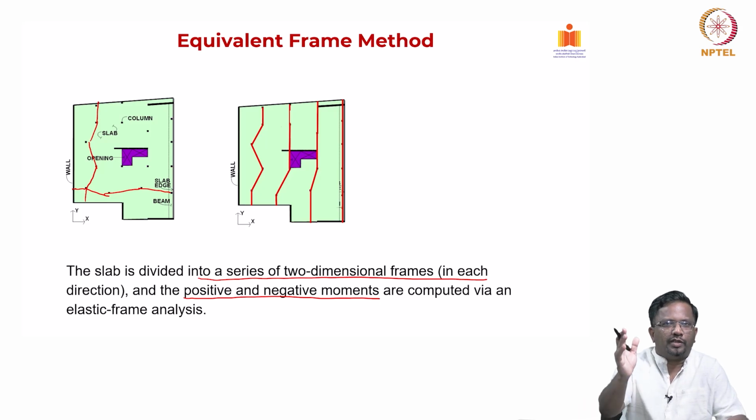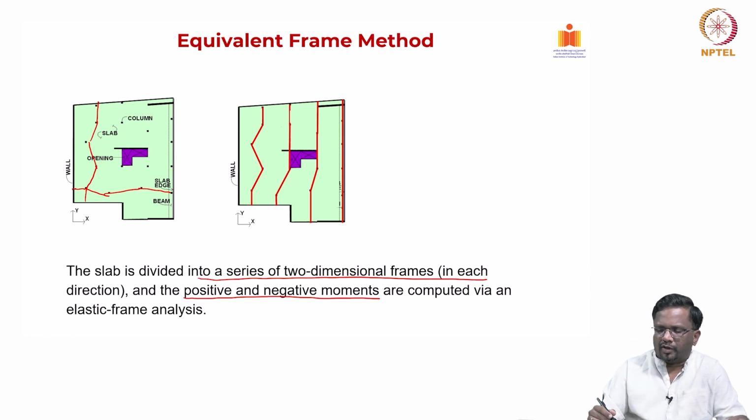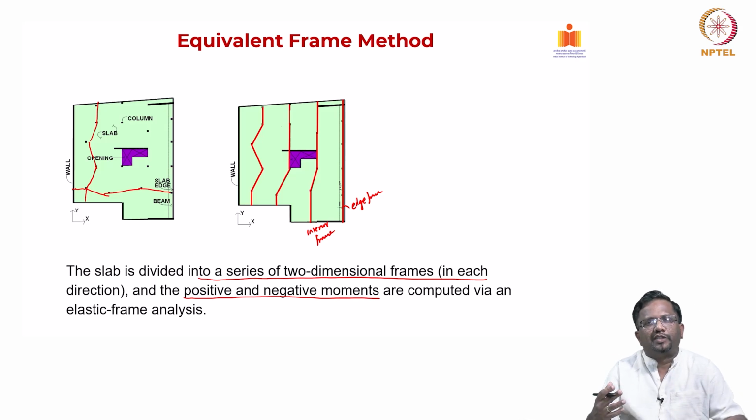For example, this is what I said. We are going to divide the slab into frames along each column line with some assumptions and approximations, right. And for example, this is an edge frame, and this is an interior frame, right. So, if all the interior frames have nearly the same geometry, then you can do only one interior frame and use the same design for the other frames.